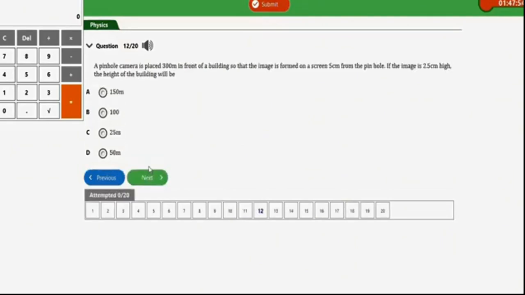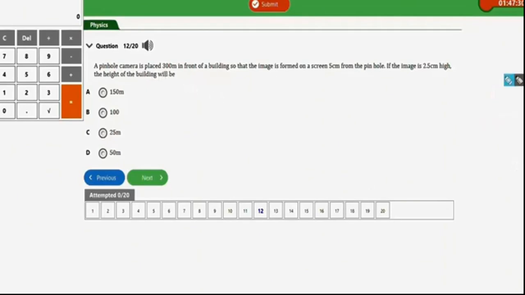It says a pinhole camera is placed 200 meters in front of a building so that the image formed on a screen is 5 cm from the pinhole. If the image is 2.5 cm high, the height of the building will be.